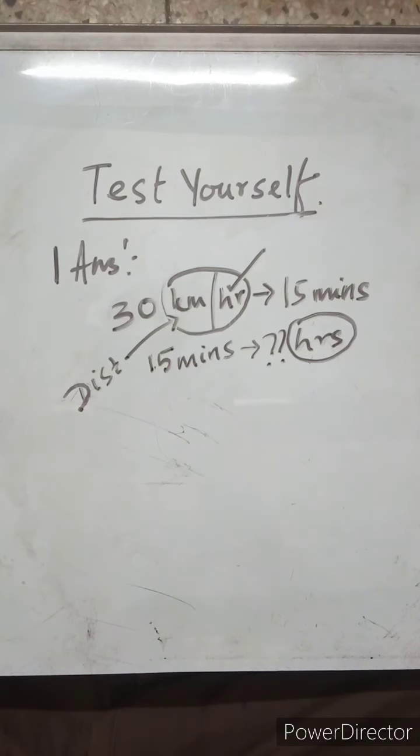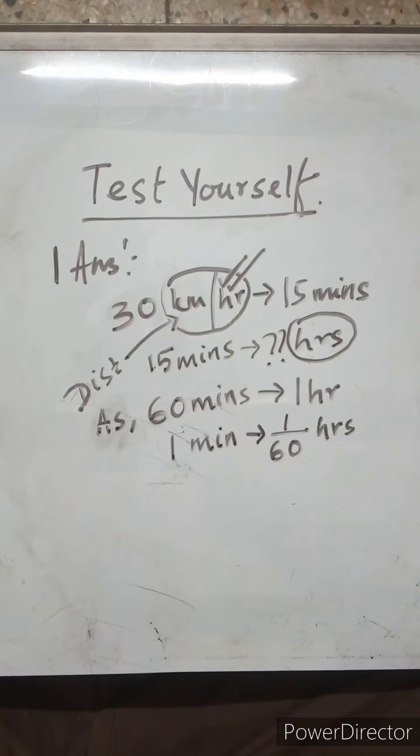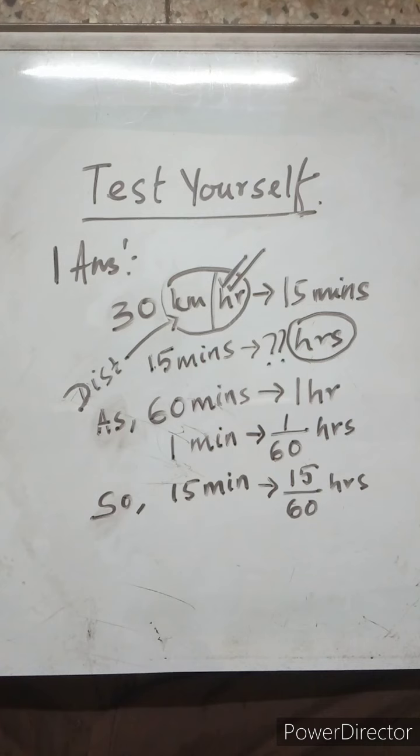That is why 15 minutes has to be converted to hours. How do we convert that? It's easy: 60 minutes make 1 hour, so 1 minute will make 1 by 60 hours, and therefore 15 minutes makes 15 by 60 hours. We leave it like that, 15 by 60 hours.